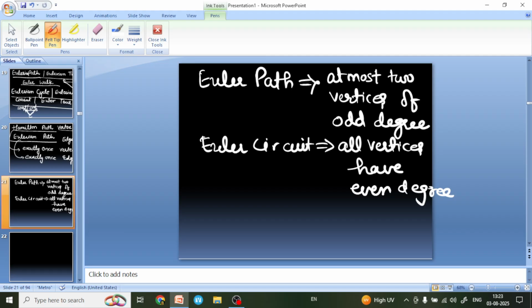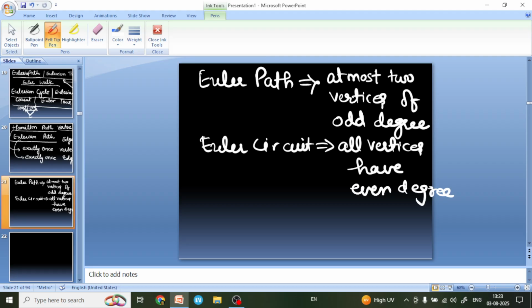A graph which includes a Hamiltonian path is called a traceable graph, and a graph which includes a Hamiltonian cycle is called a Hamiltonian graph.